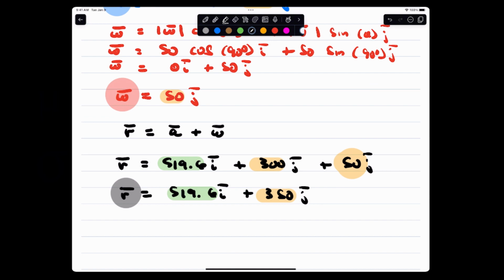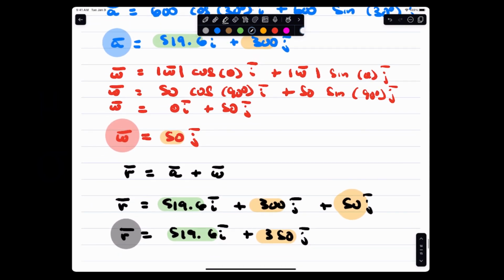This is the true vector here, ladies and gentlemen. This is the true vector of the velocity of the airplane with the what? With the wind, because the resultant vector is taking the A vector added with the W vector, meaning you're taking the velocity of the airplane without the wind, adding the wind force together with it, and you get the true velocity vector for the airplane now with the wind.